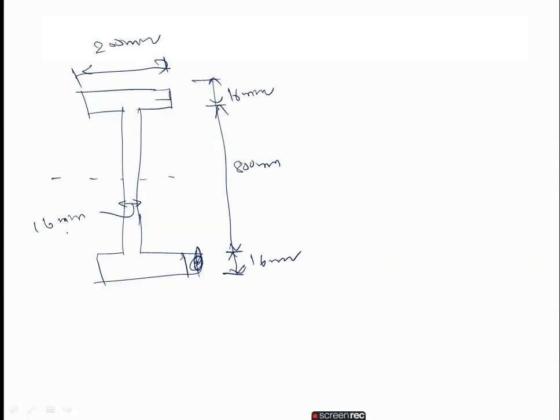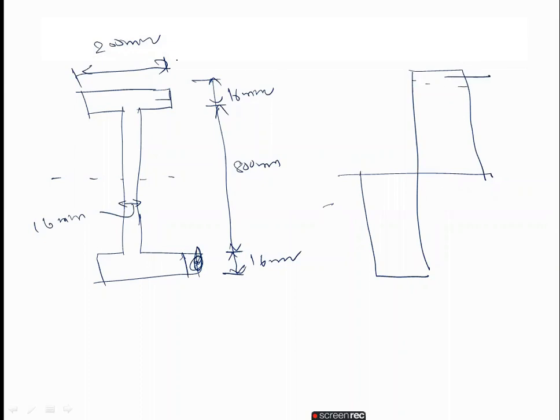So how does the load distribution happen here? It is like this. In the flange, it is 200 into 16 into F, where F is Fy, the yield stress.